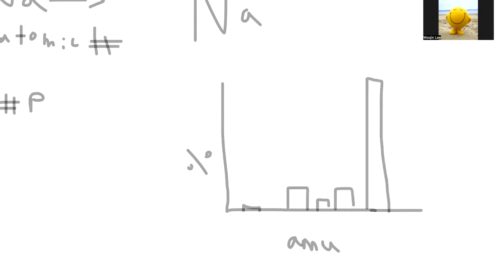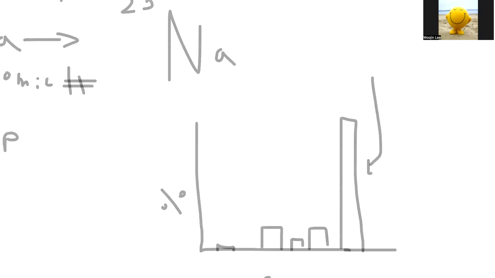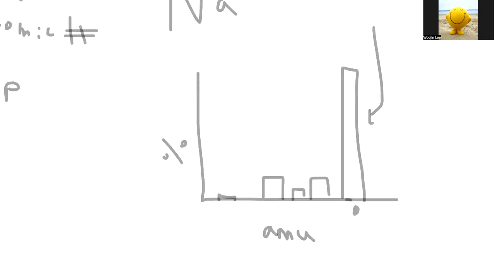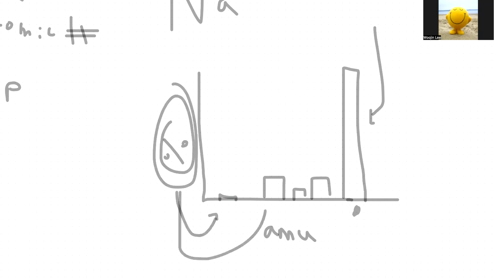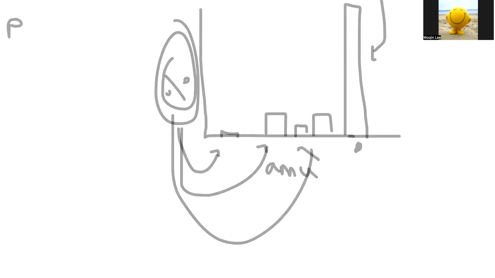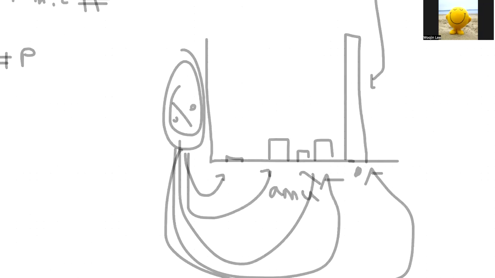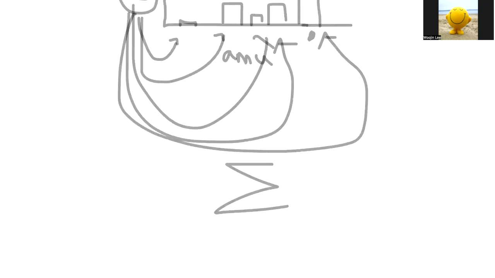And obviously this column, this particular isotope, is most abundant in nature. And the mass numbers on the periodic table have little decimals next to them because you end up having to multiply this percent abundance by each mass of isotope, and then sum all of these up to get the weight.